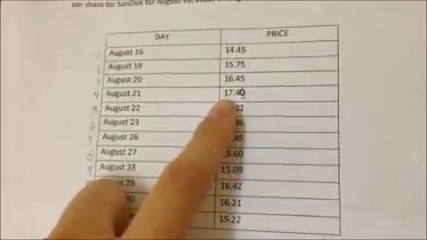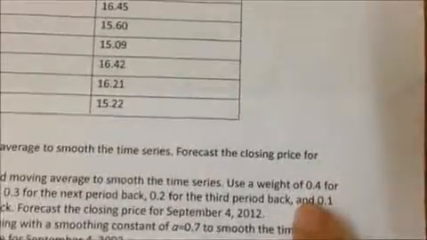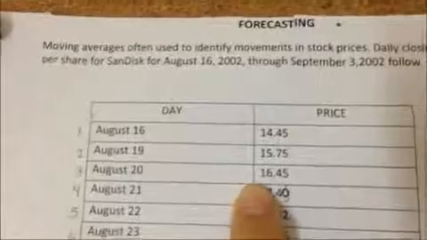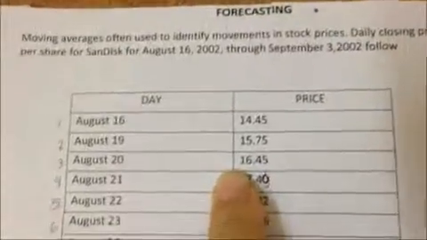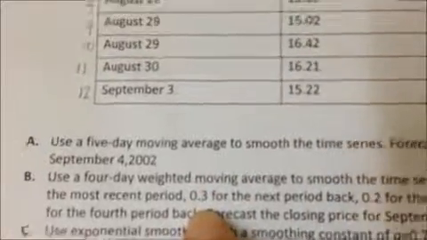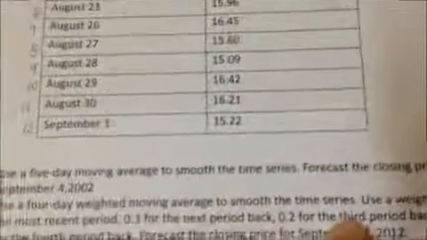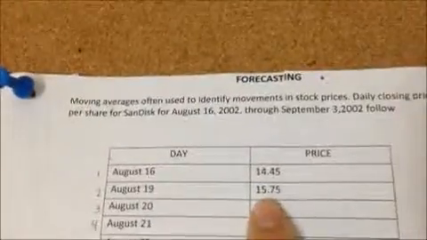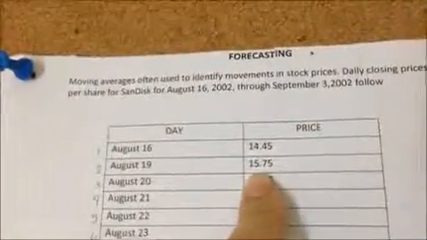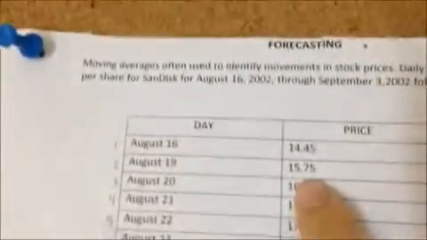Data number 4 is 17.49, and we are going to times it with 0.4. Data number 3 is 16.45, and we are going to times it with 0.3. The next one is 0.2, and we are going to times it with 15.75. And then the next one is 0.1, and we are going to times it with 14.41.